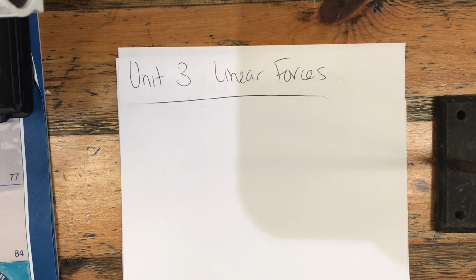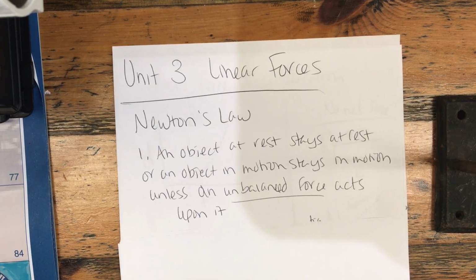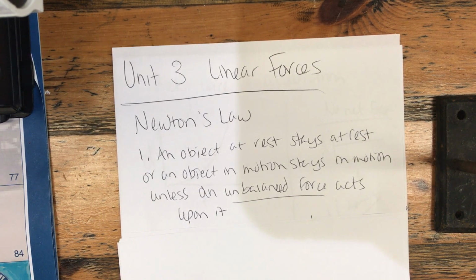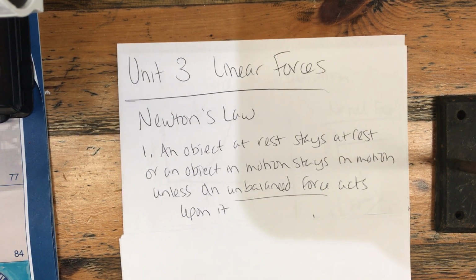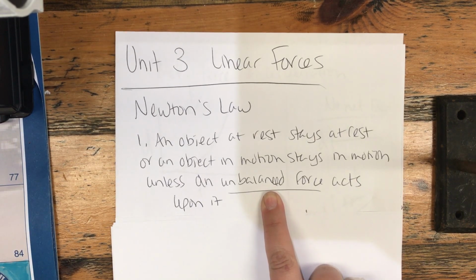So Unit 3 was looking at linear forces, and we began the unit by looking at Newton's 3 laws. The first law says that an object at rest stays at rest, or an object in motion stays in motion, unless an unbalanced force acts upon it.